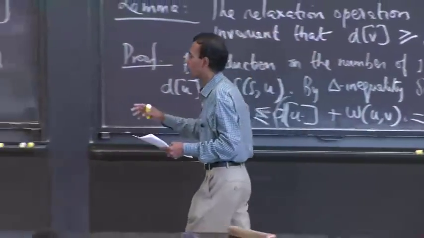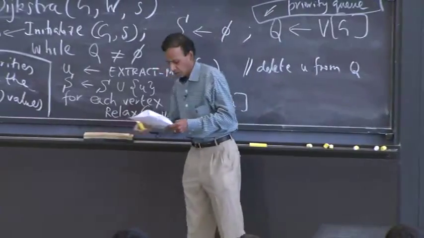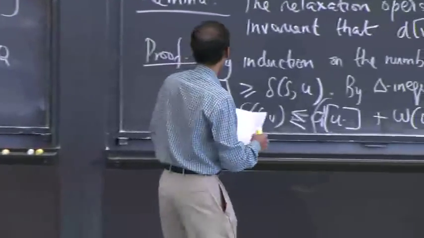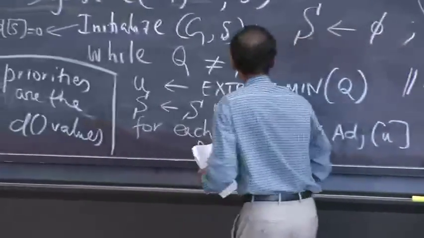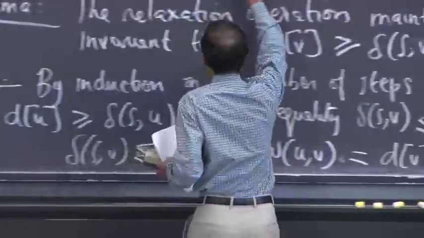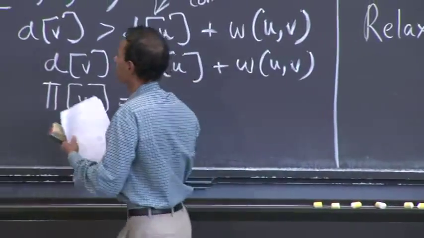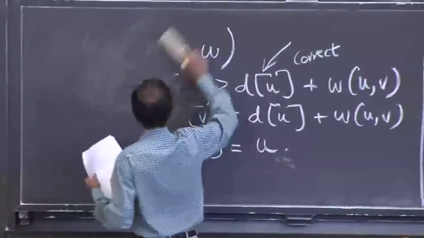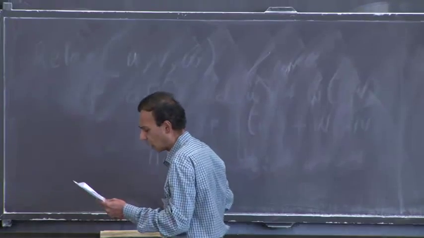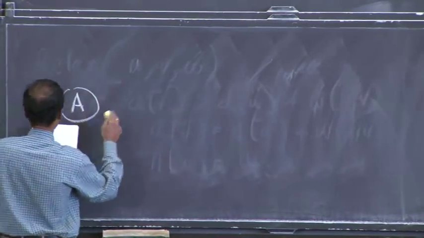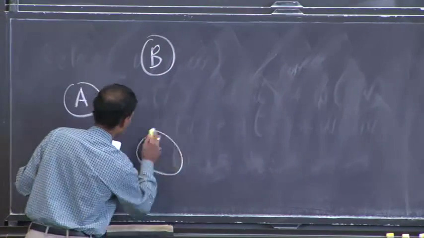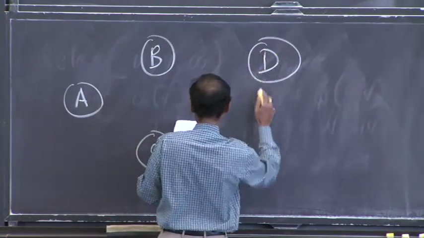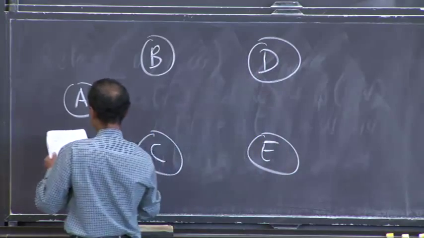Okay. So let's just go through a couple of steps in an example. I'm not going to go through the whole thing, but you'll see an execution of Dijkstra in the notes. I think it's worth spending just a couple of minutes going through the first few steps of a Dijkstra execution, just so how this priority queue works is clear. Let's take a look at a directed graph that has 5 vertices.